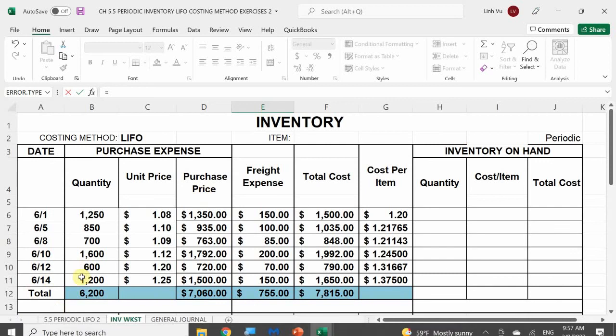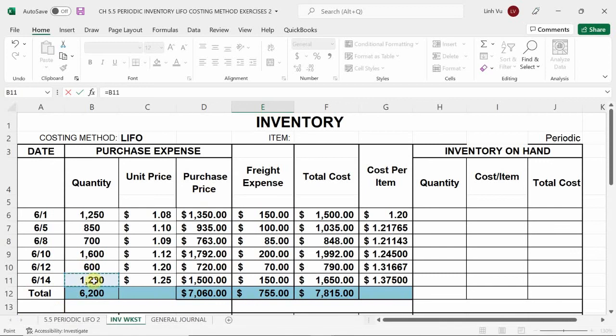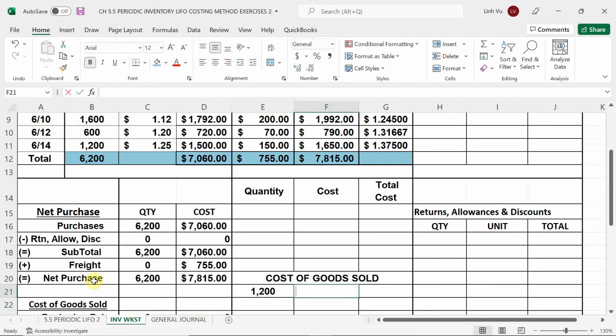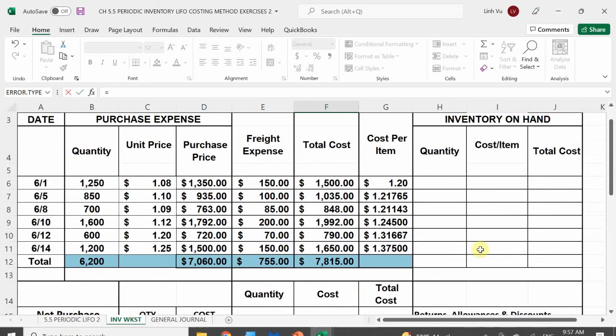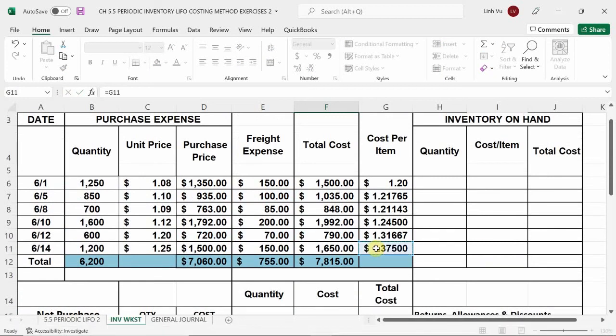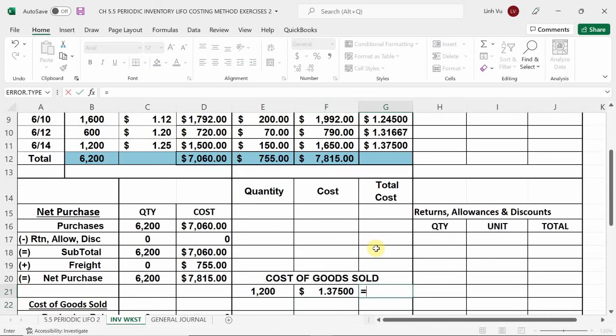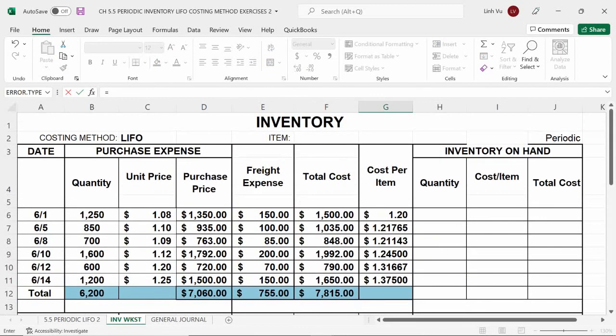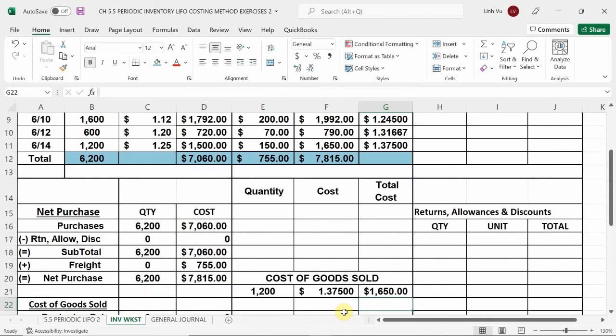The last one of 1,200 units. Since I'm going to get rid of all of it, 1,200 units at $3.75, we don't need to calculate because we already know it's going to yield me a total of the 1950. We're going to get rid of the whole thing.